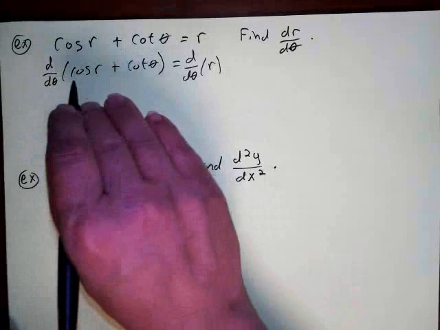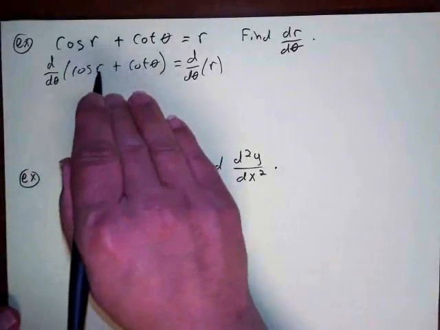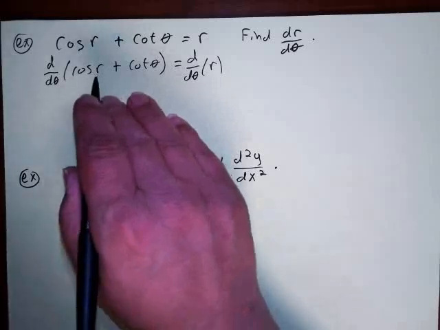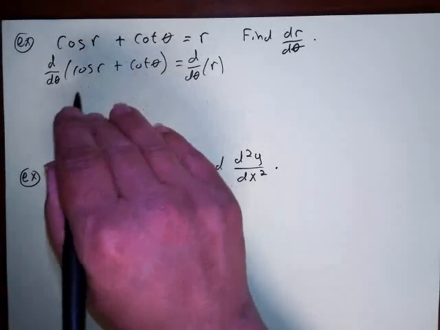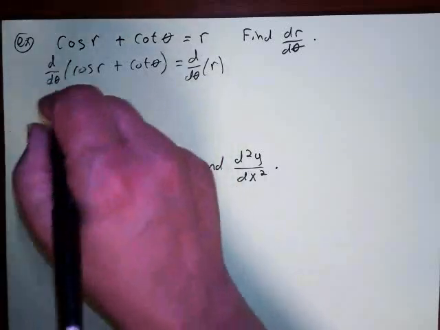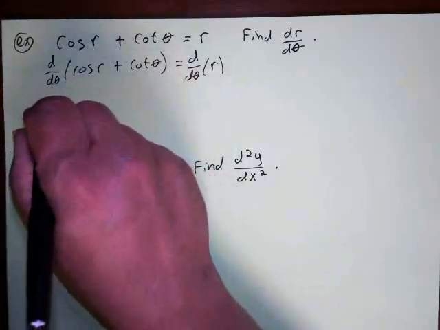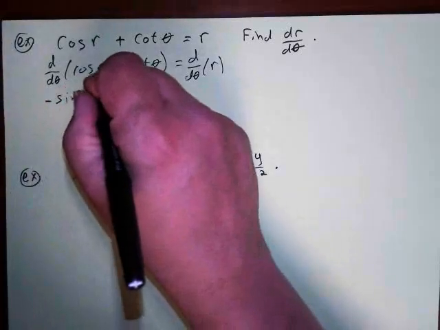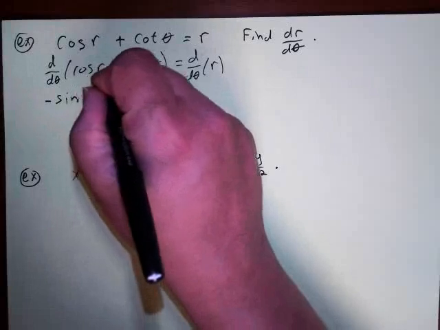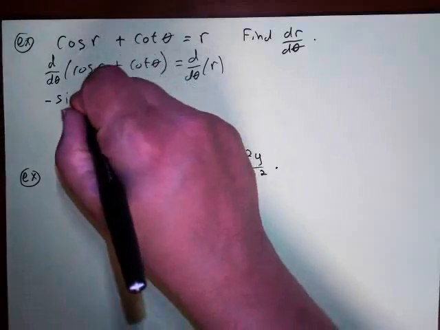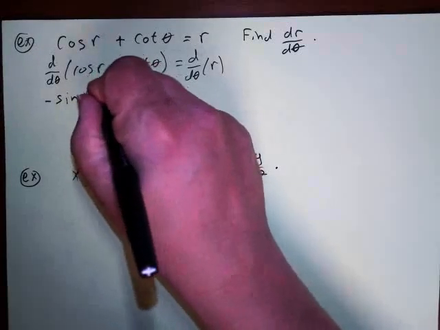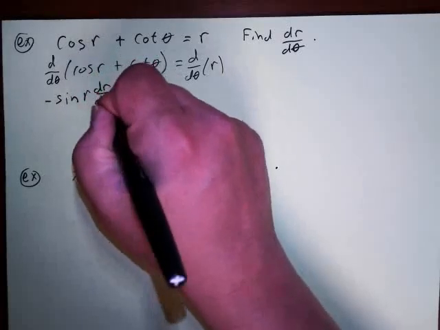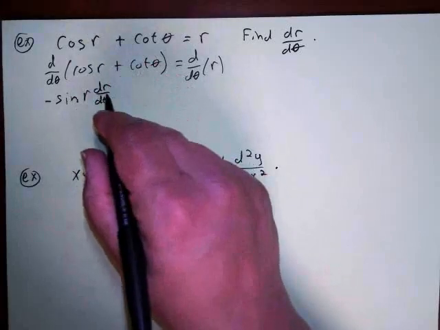Okay, so now treating cosine as the outside function, r of theta as the inside function, r is an implicit function of theta, and so the derivative of the outside function of cosine would be opposite of sine, evaluated at the inside function, which is r, times the derivative of the inside function, in this case dr/dθ, the derivative of r with respect to theta.